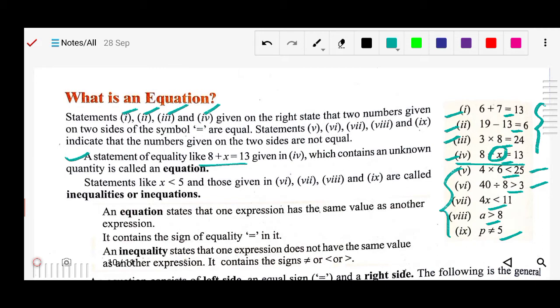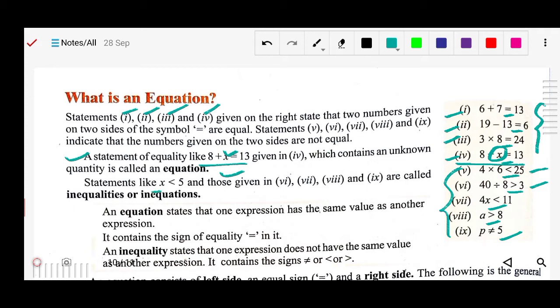You are familiar with constants and variables: a variable's value varies, it is not fixed, while a constant has a fixed value. So x is a variable and also the unknown quantity. Unknown means we have to find the value of x. A statement which contains an unknown quantity is called an equation.